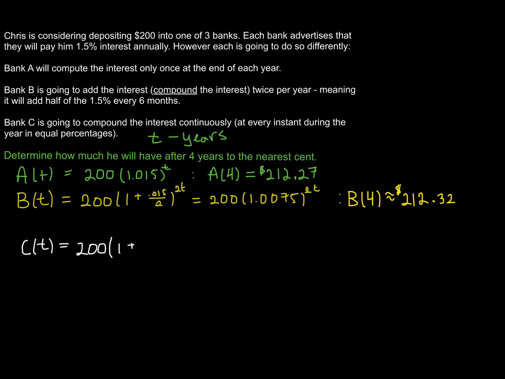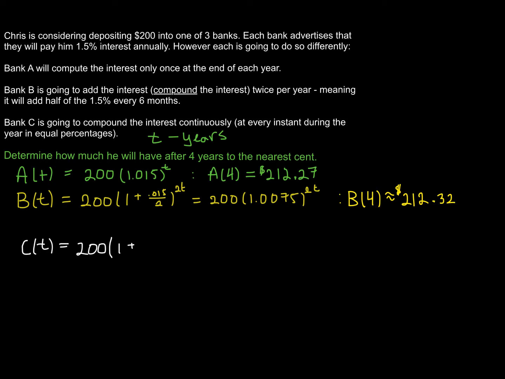In other words, every 6 months we're going to be getting 0.75%. So we're going to take 1 plus 0.015 over 2, which is 1.0075, exactly what we expect. And since we're multiplying by this base twice every year, we need an exponent of 2t, so that every time t increases by 1, we will be compounding that interest twice because it happens every 6 months.